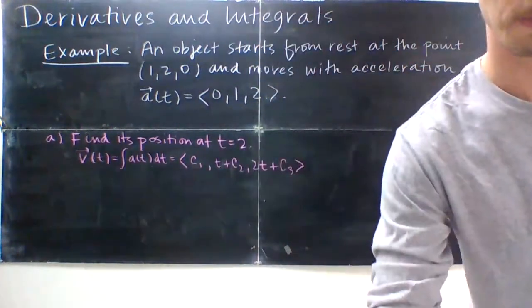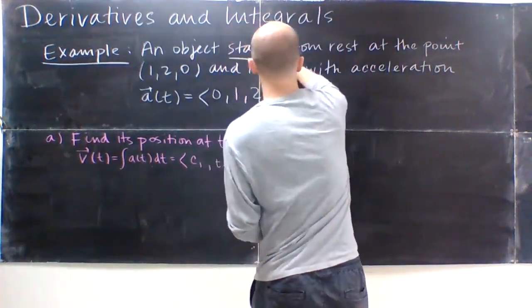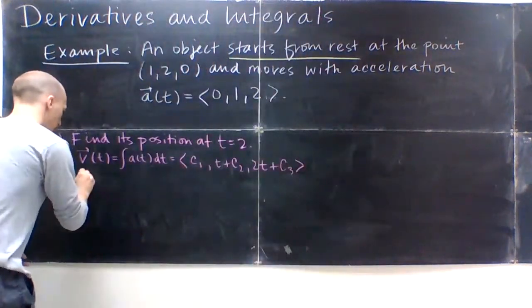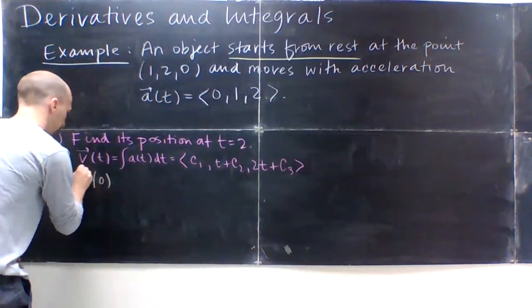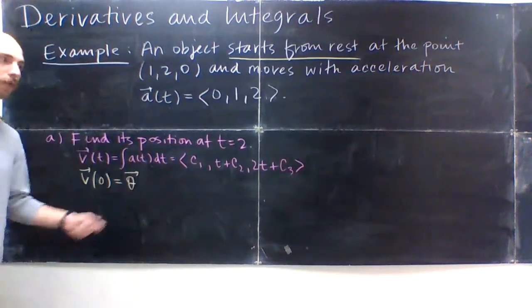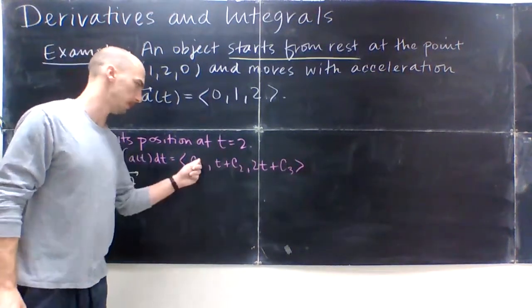But they told us in the problem that it starts from rest. Okay, so that means to me that v of 0 is equal to 0, as in the zero vector. All right, and that means, okay, that when I plug in t equals 0, I need to be getting (0, 0, 0).